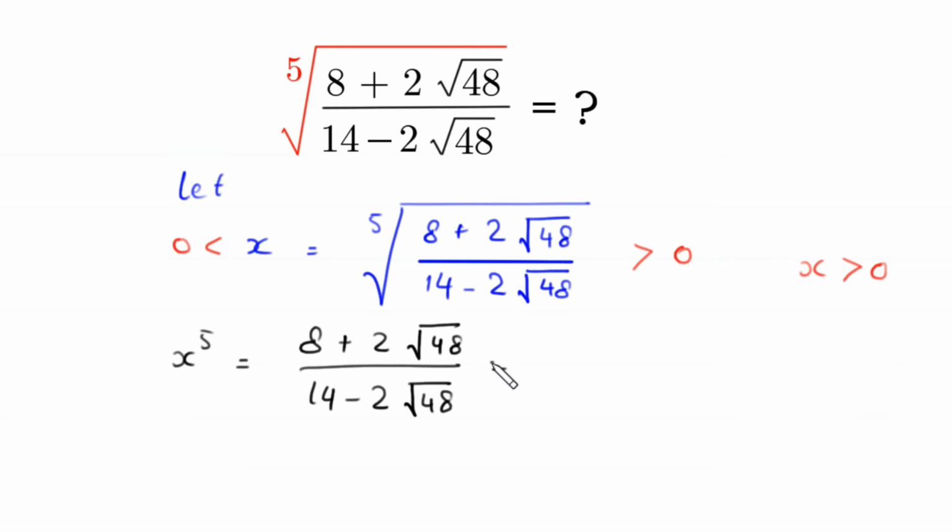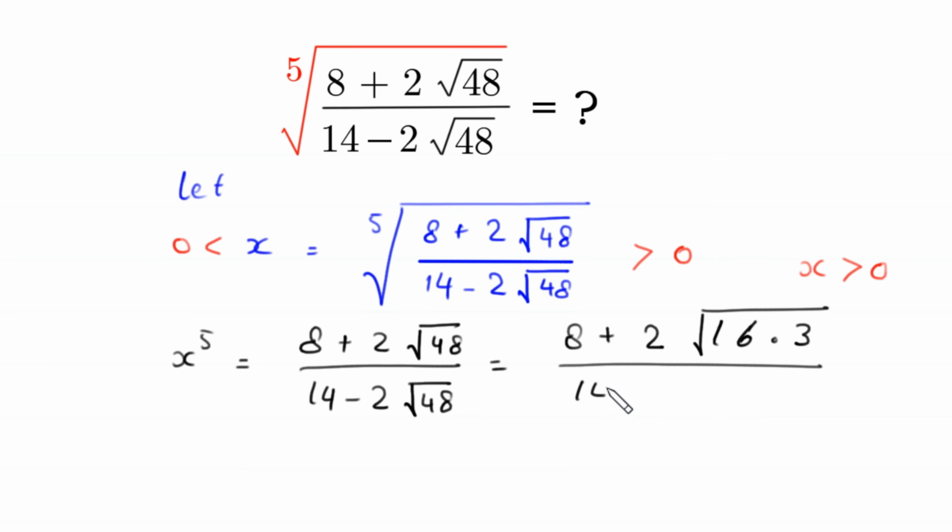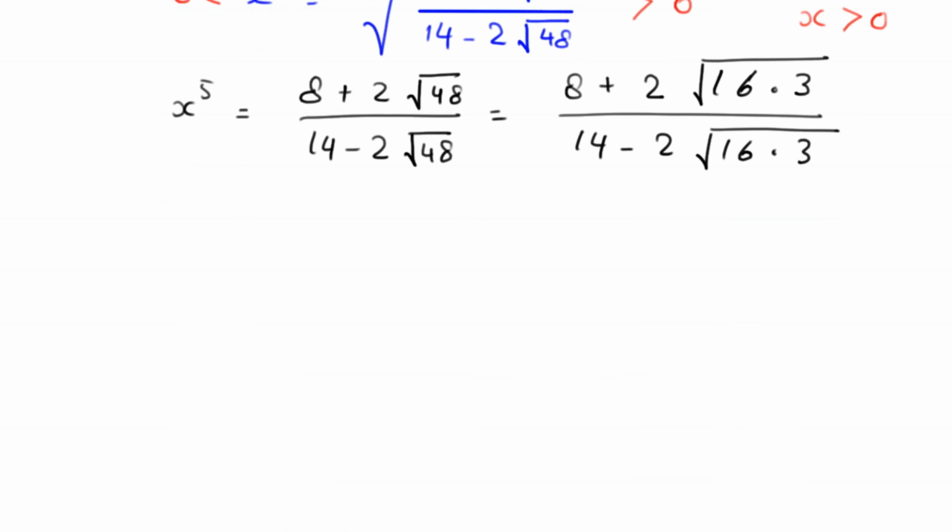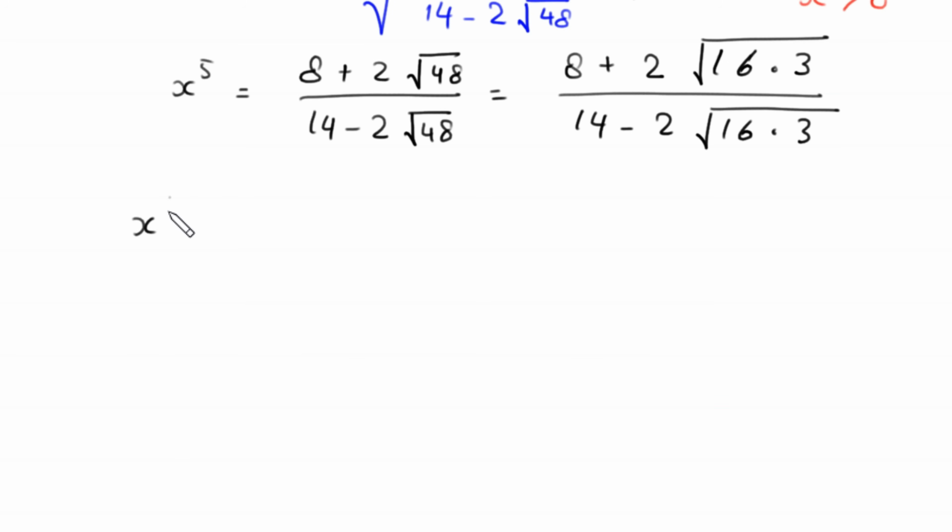This can be simplified as 8 plus 2 times, root 48 can be written as root 16 times 3, divided by 14 minus 2 times root 16 times 3. Next, the square root of 16 becomes 4, so we have 4 times root 3.